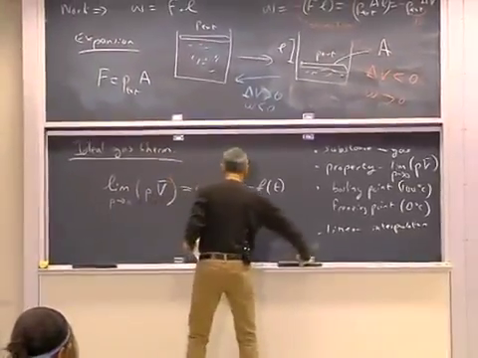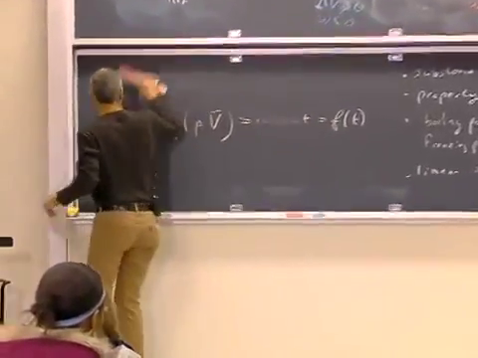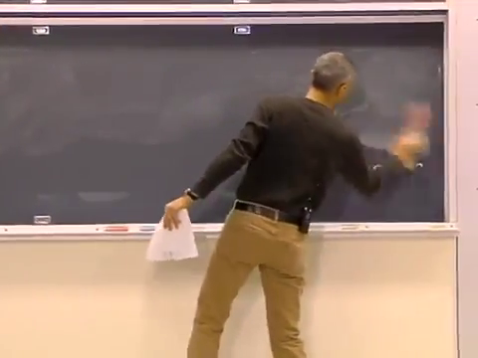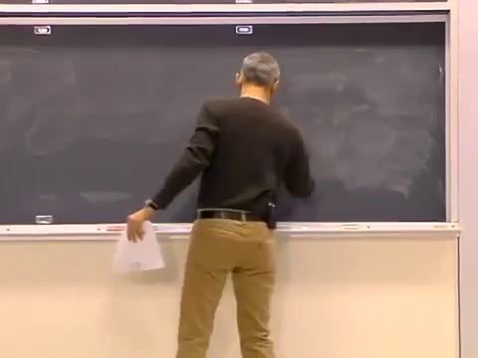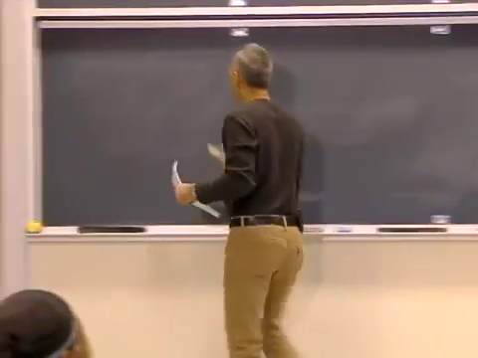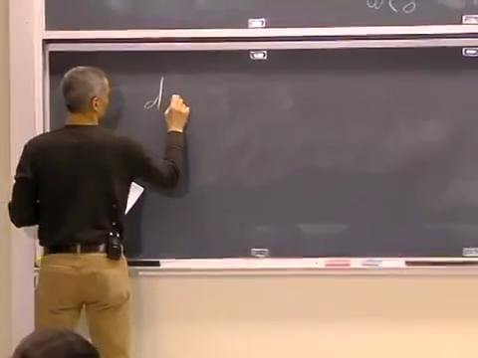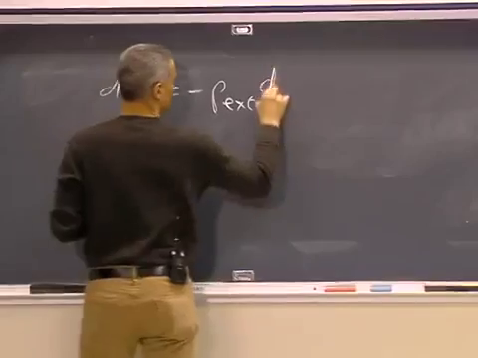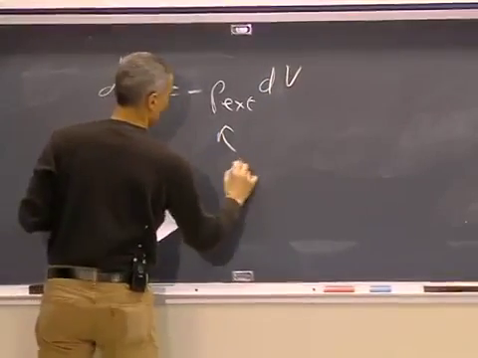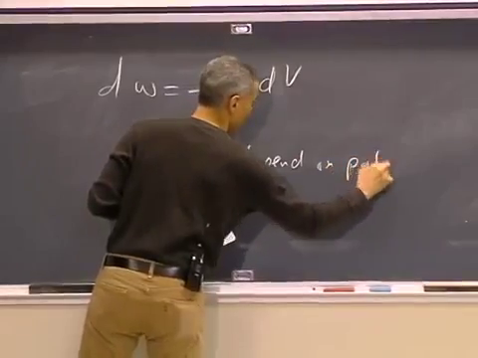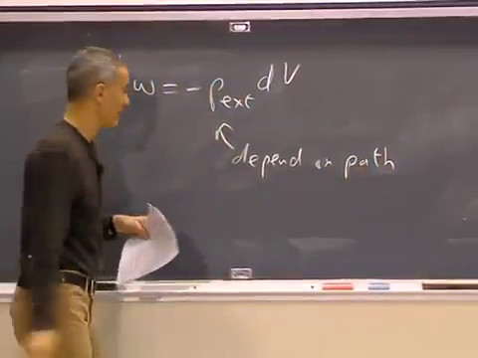I have to go in little steps, infinitely small steps. So instead of writing work is the negative of P external times delta V, I'm going to write a differential. dW is minus P external dV, where this depends on path and is changing as V and P change. Right?